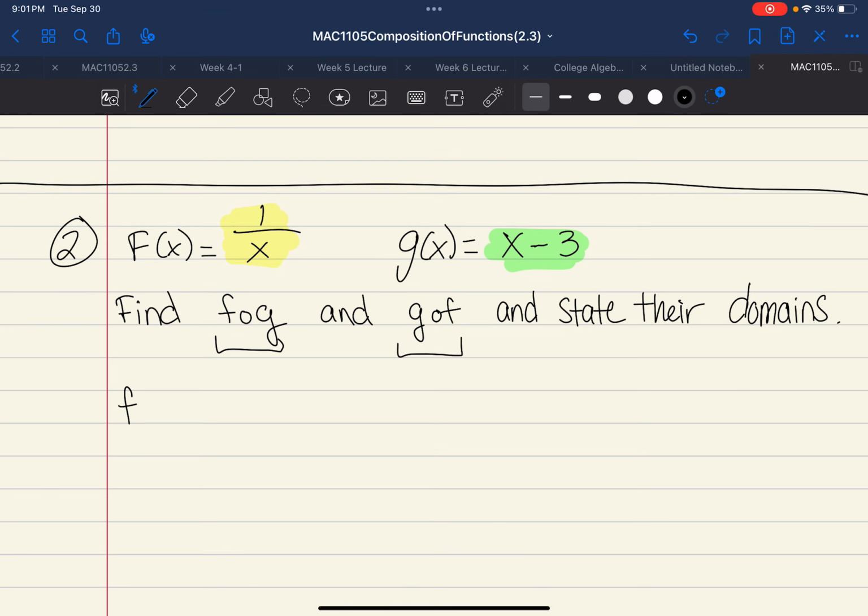So f of g is the same thing as f of g of x. And g of x is equal to x minus 3. So now I'm going to plug x minus 3 into f everywhere I see an x, so that would be 1 divided by x minus 3.